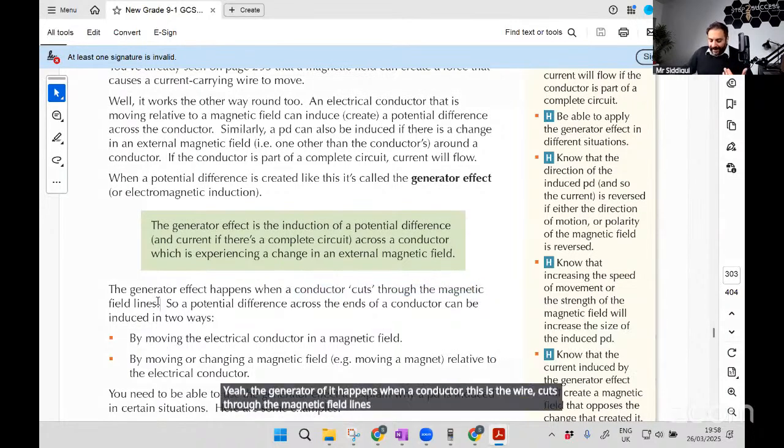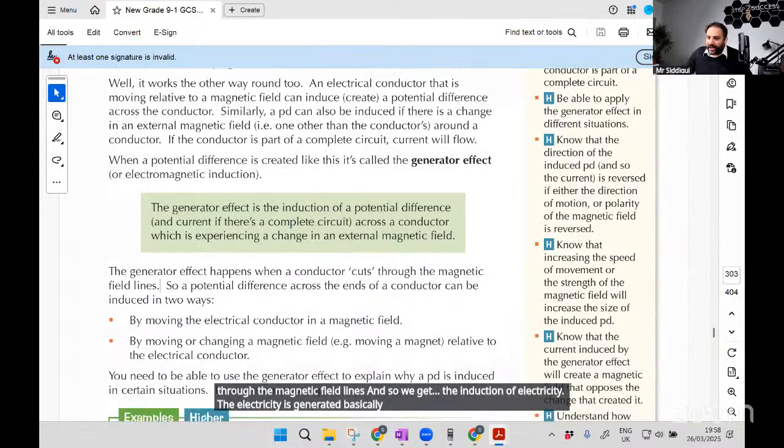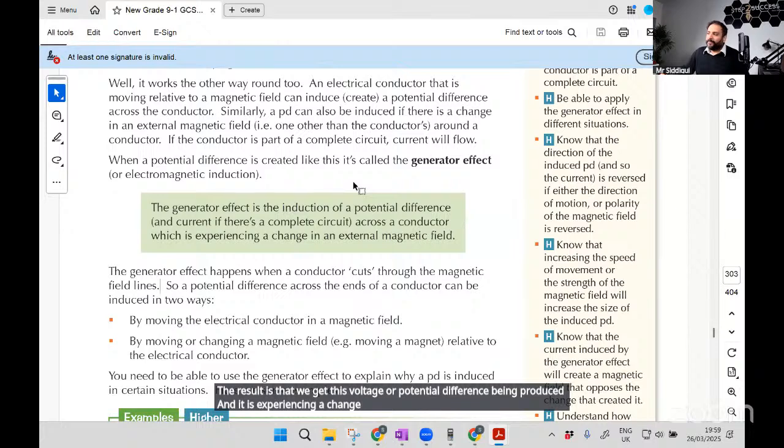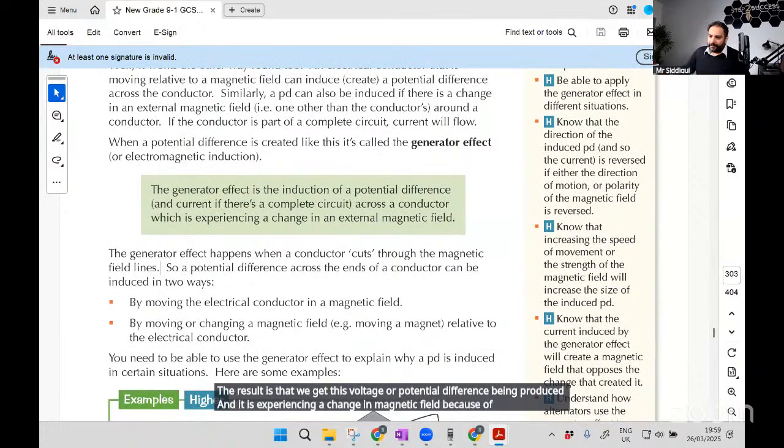And so we get the induction of electricity, or the electricity is generated, basically. So when you said change in magnetic field, sort of, yes. The result is that we get this voltage or potential difference being produced, and it is experiencing a change in magnetic field because of the movement of the wire.